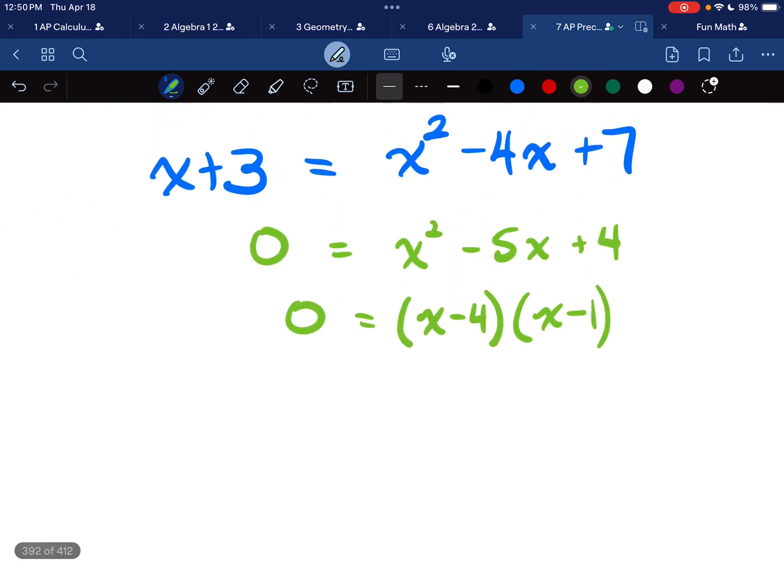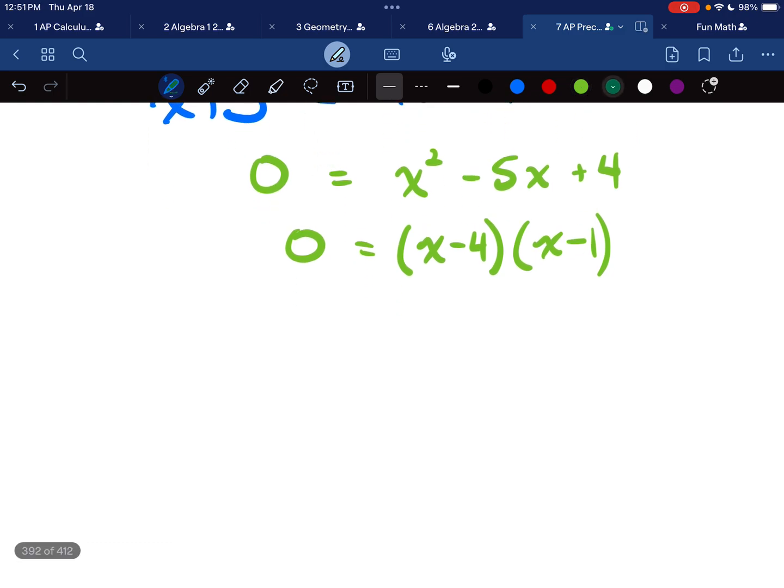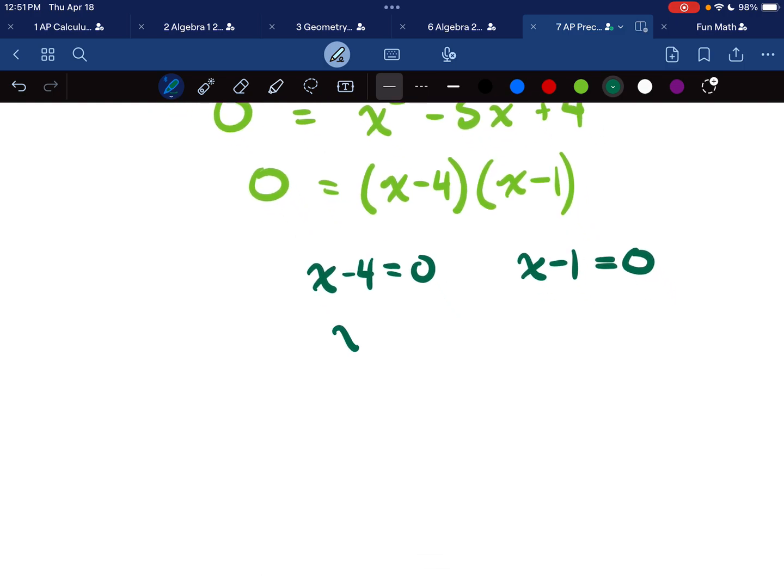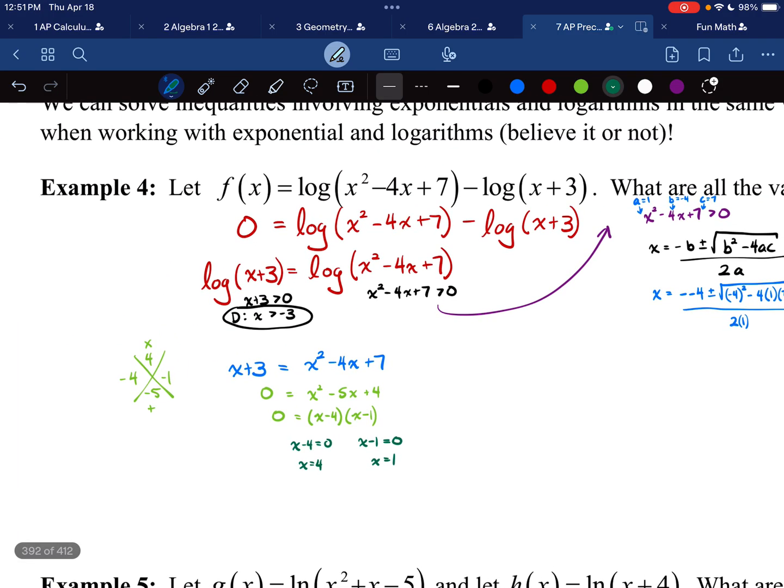Then we set x minus 4 equal to 0, and x minus 1 equal to 0. From there I can add 4, so x is equal to 4, and add 1, so x is equal to 1. All right, are both of these things in the domain?